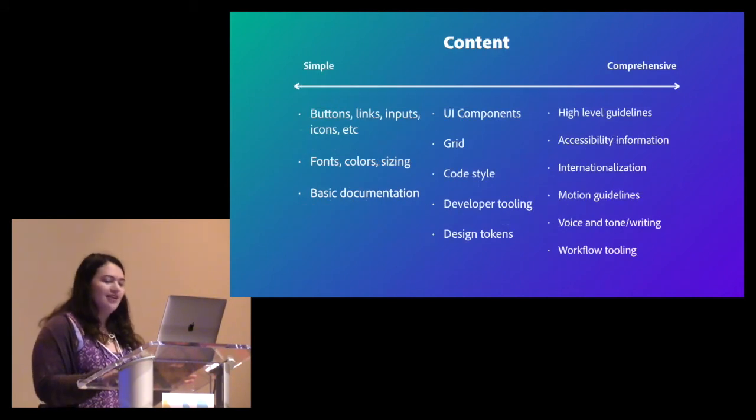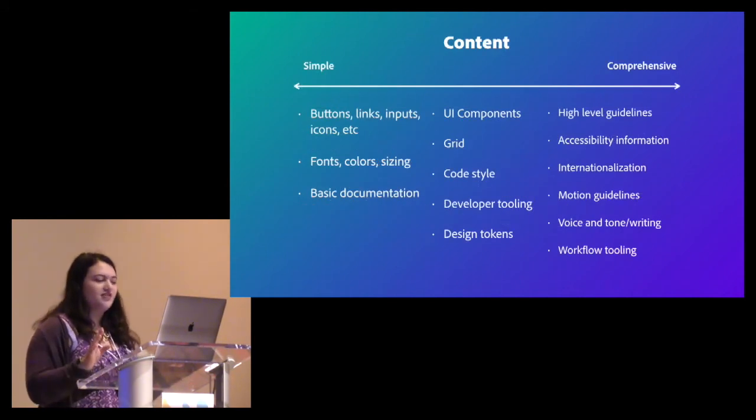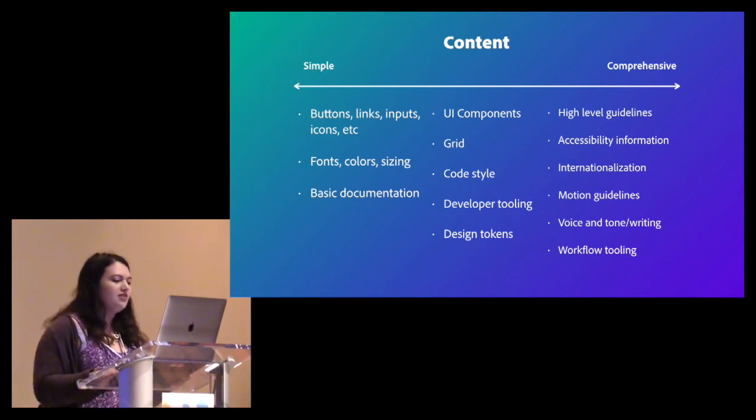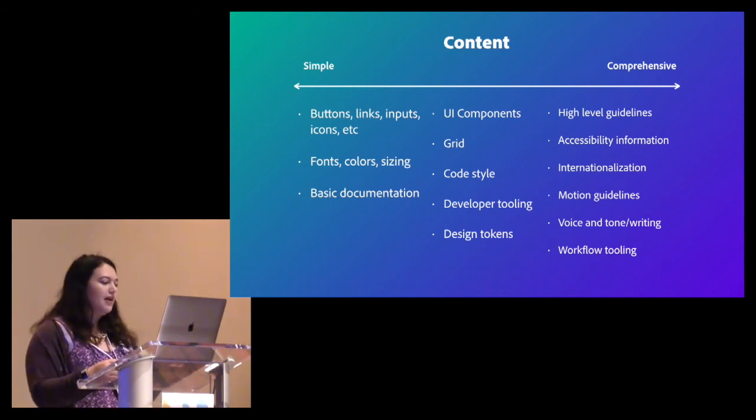On the content side, there's a ton of stuff that can go into this. And it's kind of how you judge how mature a design system is by seeing what actually goes into it. So things like buttons, links, documentation.